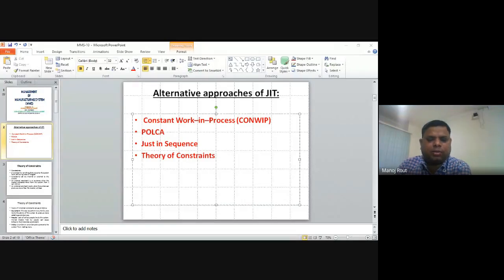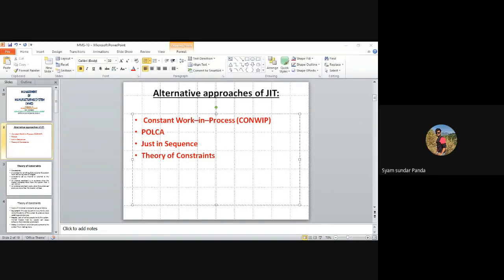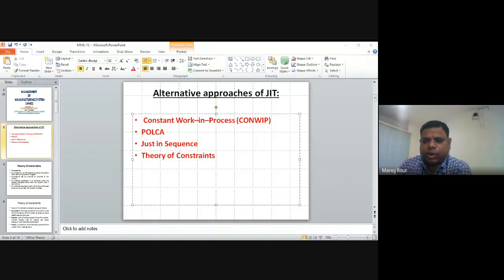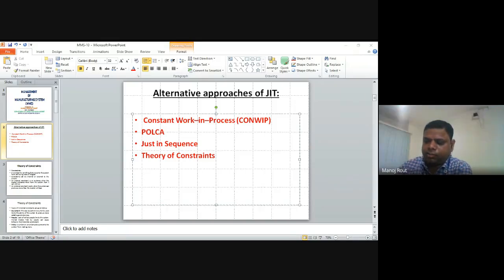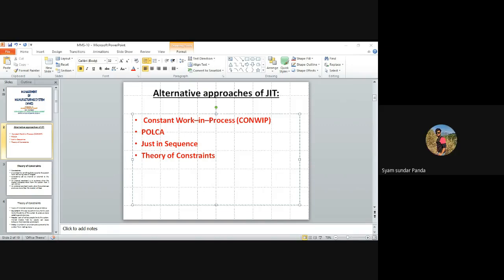Samsundar Panda, are you there? Yes, sir. Yes, proceed. What is the need of plant layout? Sir, it is for the physical arrangement.